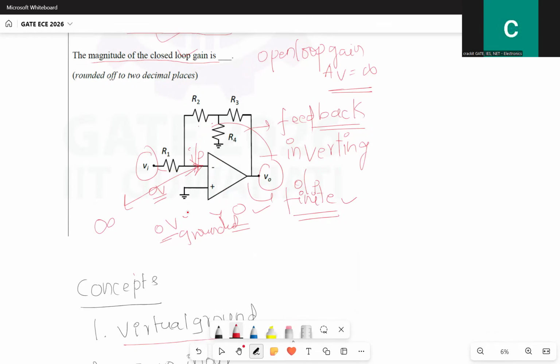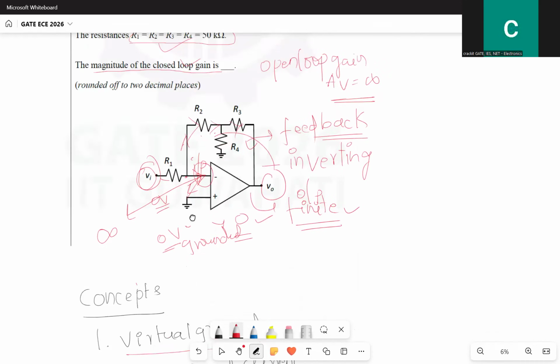All the current coming from the input Vi must divert entirely into the feedback network like this. I hope you are getting it. Here we have input current 0 because of infinite input impedance, and the second concept is virtual ground. With this knowledge, let us solve this question.